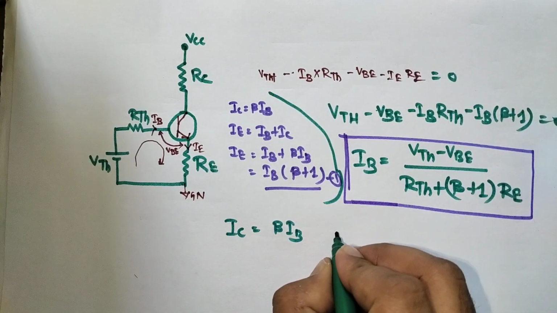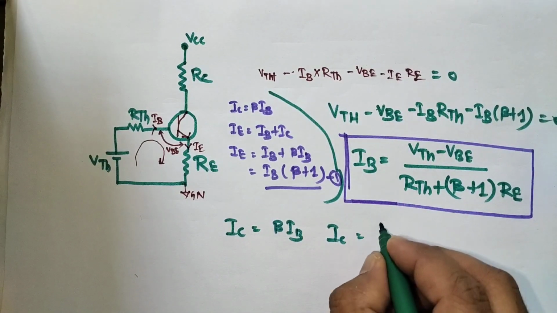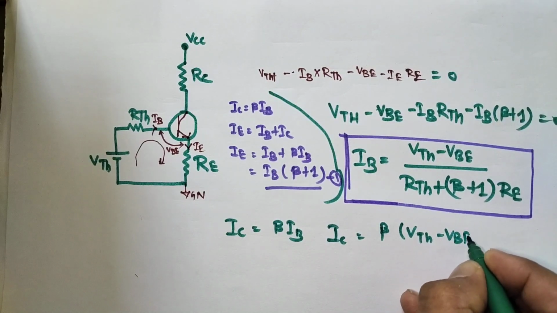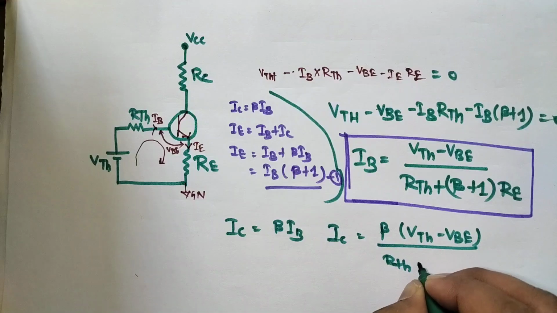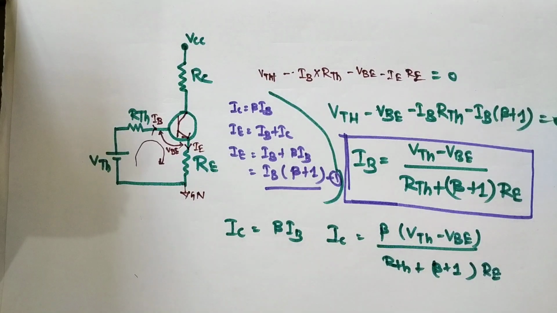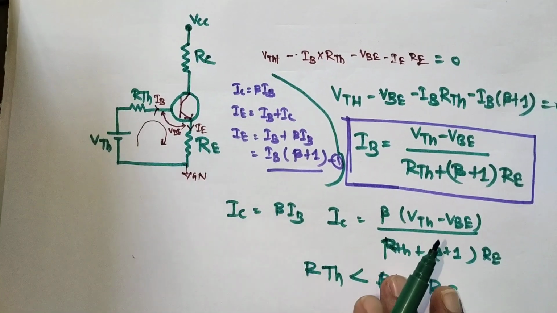So IC equals beta into (VTH minus VBE) divided by (RTH plus (beta plus 1) RE). If RTH is much less than (beta plus 1) into RE, then the system will be stable.